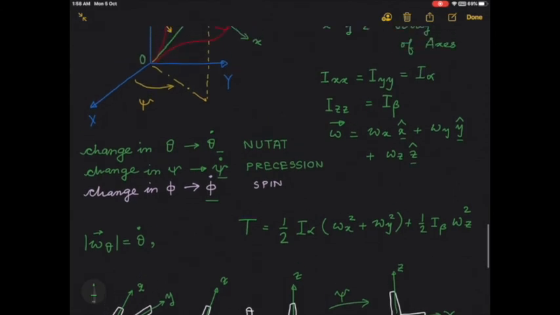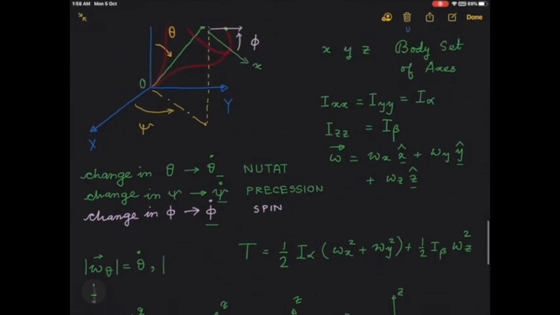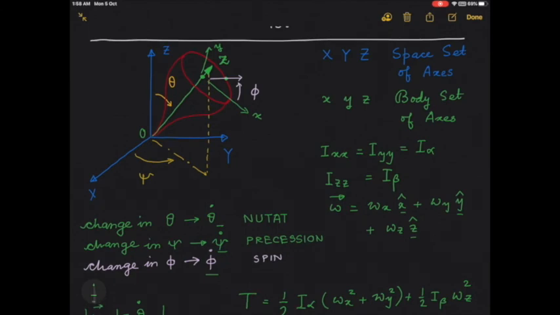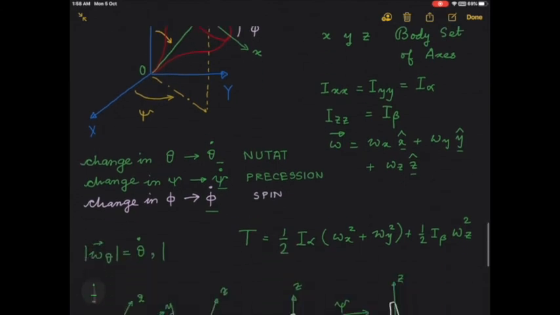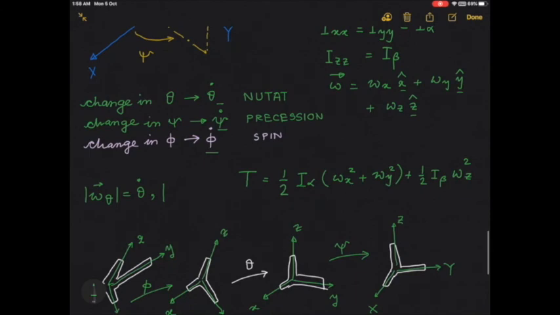It is along capital X. You see, omega theta is along capital X. Omega psi modulus is psi dot, and omega phi modulus is phi dot.